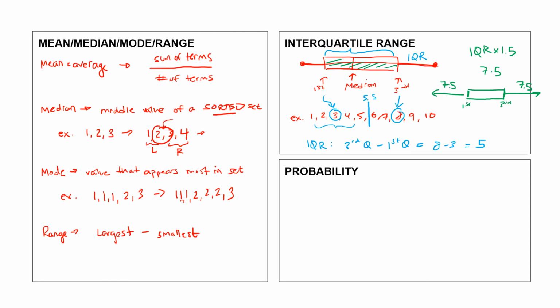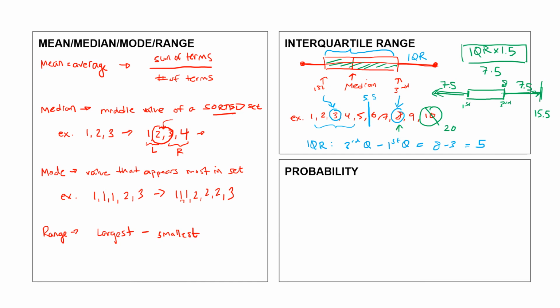So for instance, our third quartile here was 8, plus 7.5 would have given me 15.5. So if I had a data set 1, 2, 3, 4, 5, 6, 7, 8, 9, and 20, let's say this was a 20, you can use this IQR times 1.5 rule, going either left or right, to figure out whether that's an outlier or not.